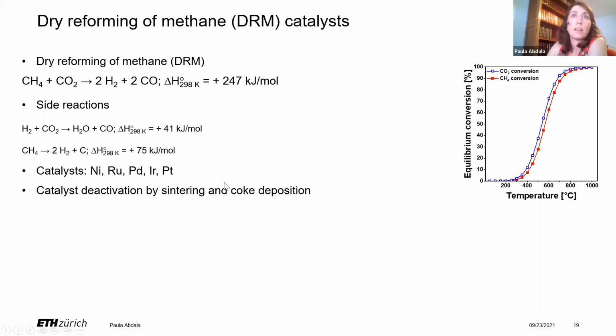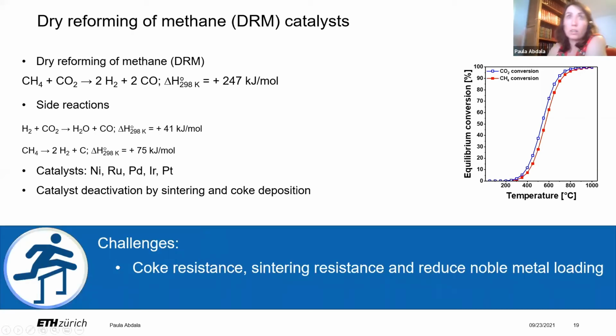One is the formation of coke due to the side reaction, methane decomposition into carbon and hydrogen, and the carbon deposits on the surface of the metal and poisons the catalyst. The other deactivation route, also very important at this temperature, is sintering. So the challenges are to produce coke-resistant, sintering-resistant catalysts and to reduce the noble metal loading.